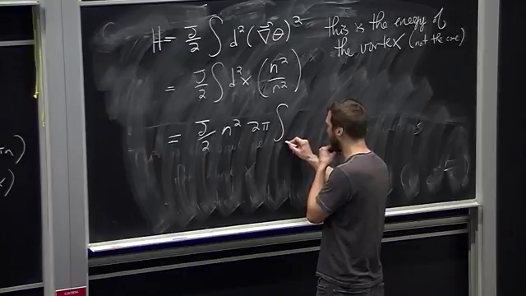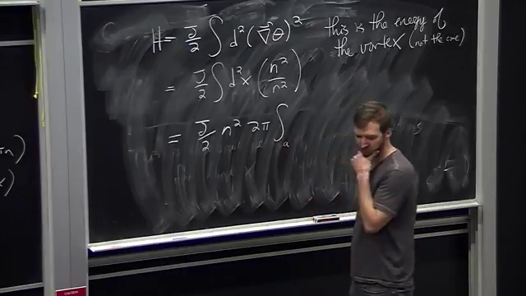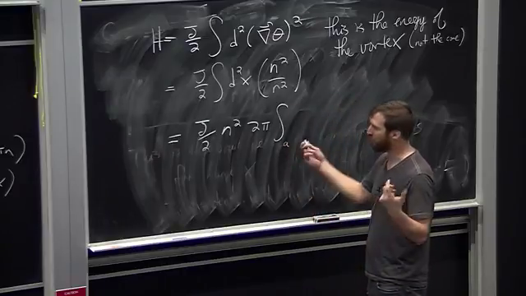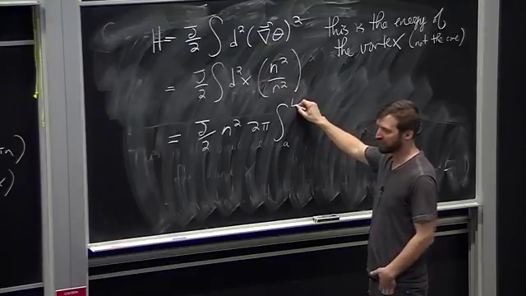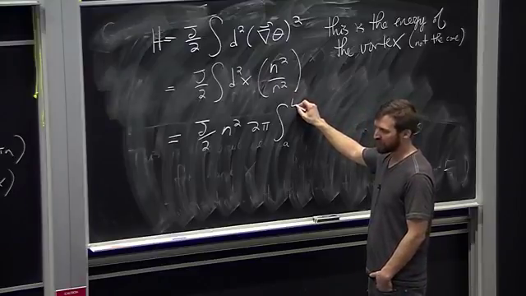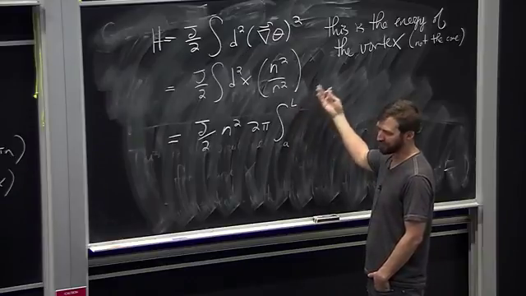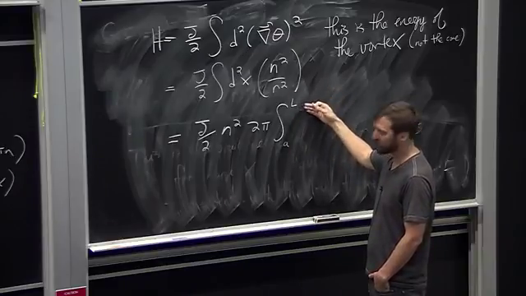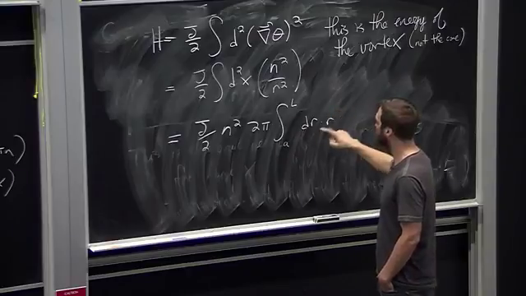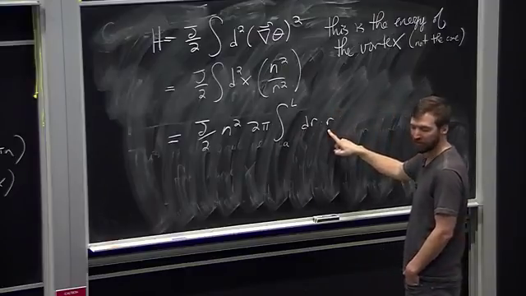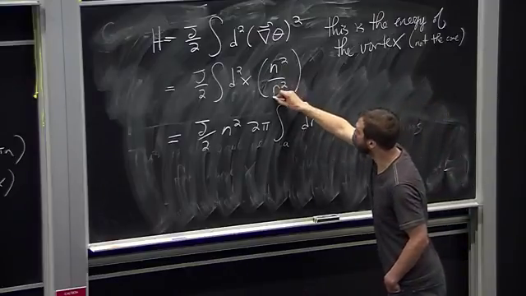I'll start from the lattice spacing, and I will just go out to the size of my system, I'll call it L. So I'm just going to attach a length scale to this. This is like my UV, this is like my long distance. I've got dr r, that's from the Jacobian, and then I have 1 over r squared from this term here.